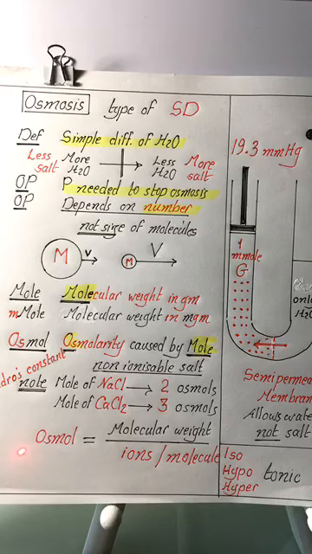And this equation holds good even for non-ionizable substances such as glucose, galactose, fructose. You know why? Because in this case, you will divide the molecular weight by 1, because there is no ionization. So this is a very important equation. The osmole equals the molecular weight divided by the number of ions per molecule.